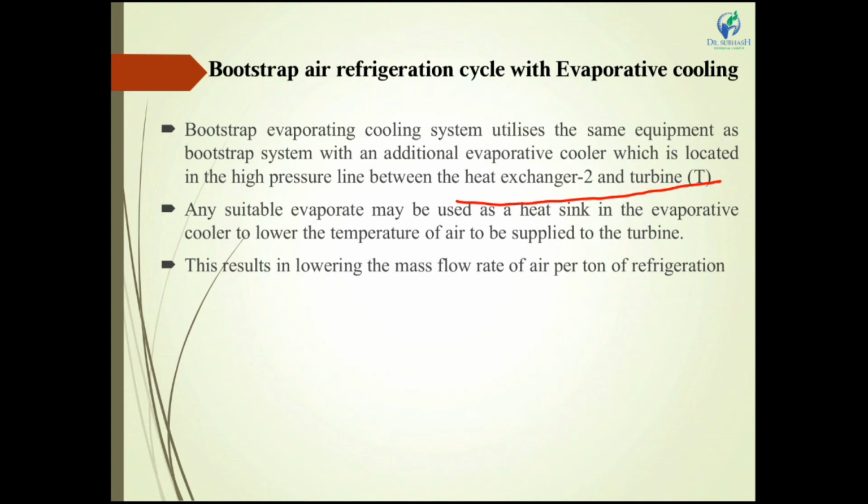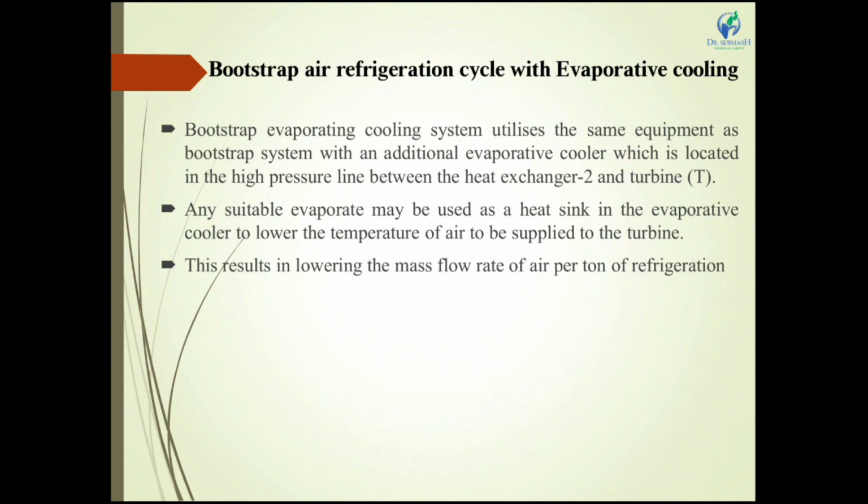You only have to add one component, an evaporative cooler between heat exchanger 2 and the turbine. Any suitable evaporator may be used as a heat sink in the evaporative cooler to lower the temperature of the air supplied to the turbine.